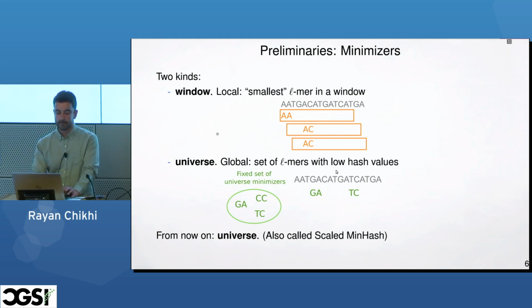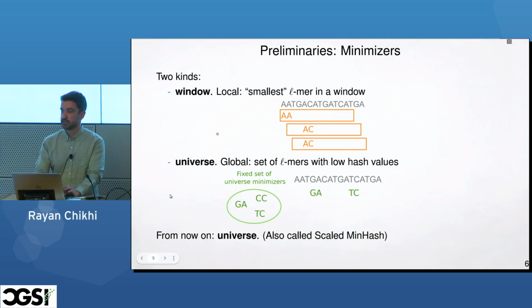Concretely, once you have fixed a set of universe minimizers, for instance, this set only contains 3 elements in this example, you just scan your sequence, and every time you see that l-mer, it's retained. So this is another way to extract minimizers. They're called minimizers here because they correspond to low hash values. And from now on in this talk, I will consider universe minimizers, but it can also apply to window minimizers.